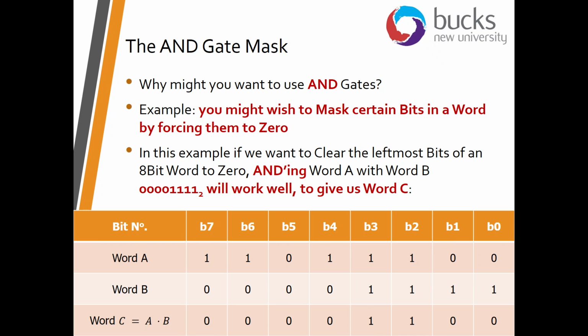What we get underneath the 1 bits in the mask of word B is that word C allows the bits to come through unchanged. So you still have 0, 0, 1, 1 in those first 4 bits, but the leftmost bits have all been set to 0 because word B had zeros at that point, which gave us a mask that allowed us to clear those bits.